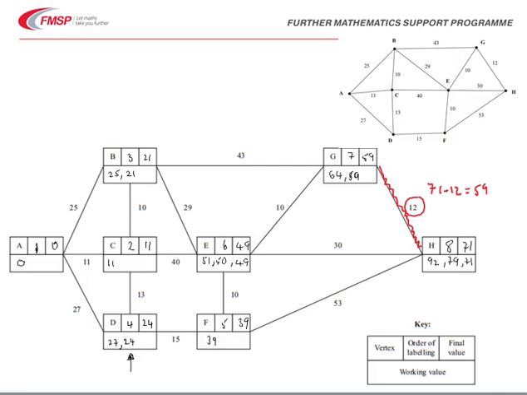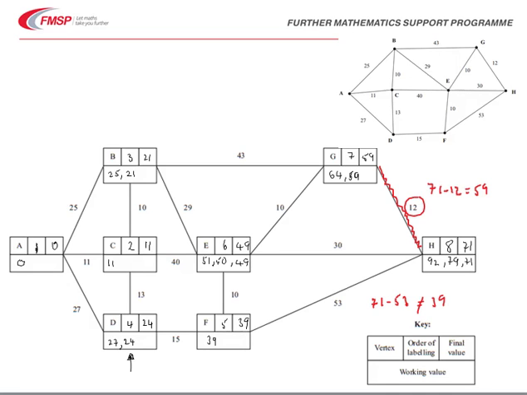If we looked at, for example, H to F, 71 minus 53 is not equal to the 39 at F, so that is not part of the path.